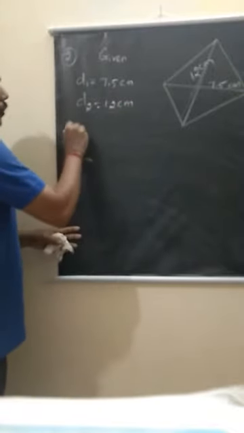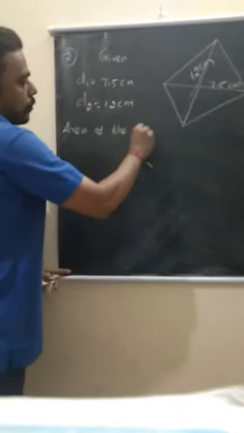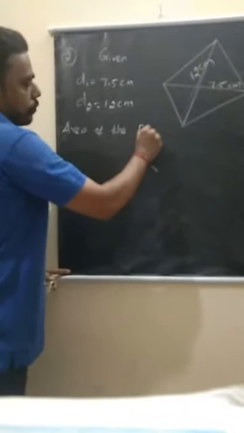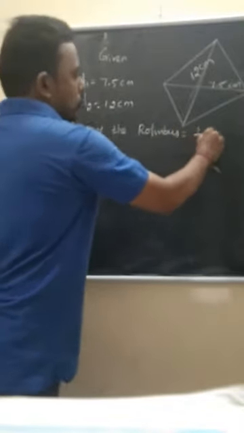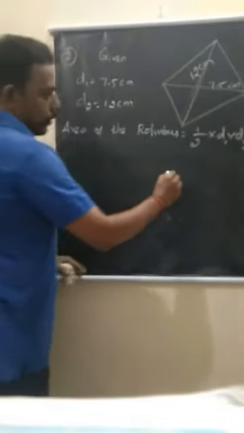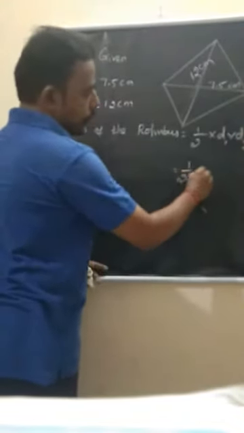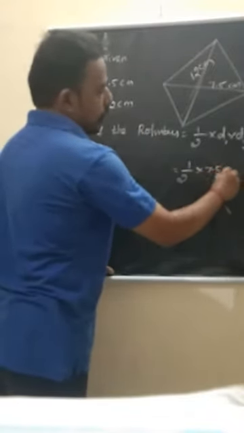So area of the rhombus equal to 1 by 2 into D1 into D2. So that is equal to 1 by 2 into D1 7.5 into D2 12.